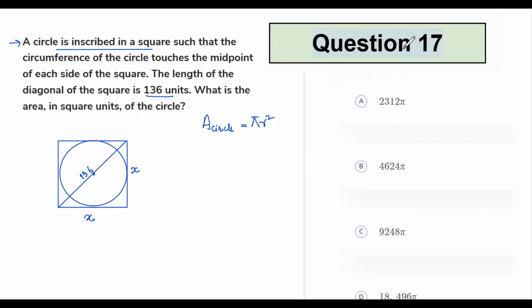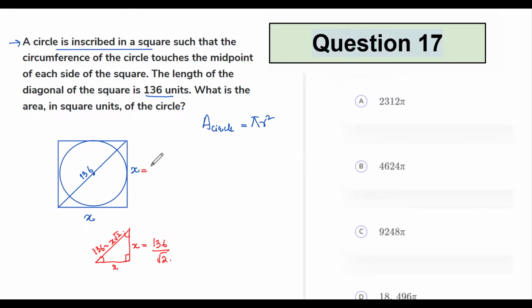So this becomes our 45, 45, 90 triangle, right? In a 45, 45, 90 triangle, this is 45, this is 45, this is 90. This is x, this is x, this is x root 2, correct? So that means this is 136. x will be equal to 136 over root 2.